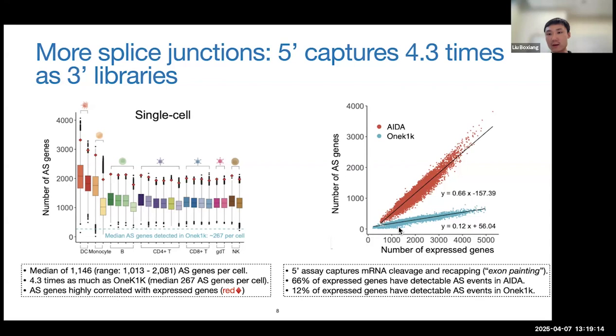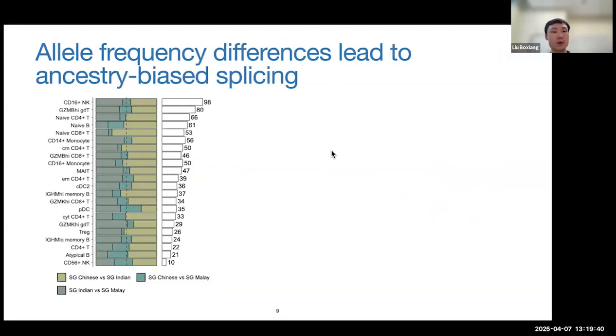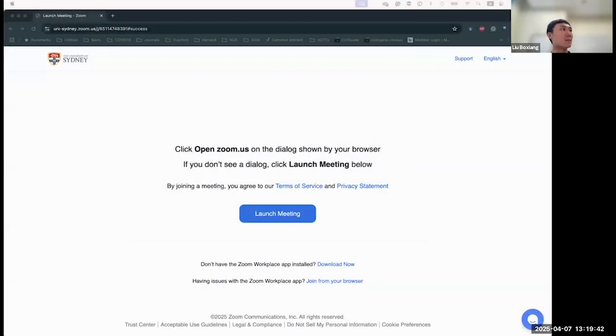So as you can see, the number of alternatively spliced genes and the number of expressed genes are linearly correlated. The more expressed genes, the more the alternatively spliced genes. And using 1K, for every 100 expressed genes, we can detect about 12 alternatively spliced genes, whereas using the IDA data set, we were able to detect about 66, right? So, and I'll show you why this is the case by unskipping one slide.